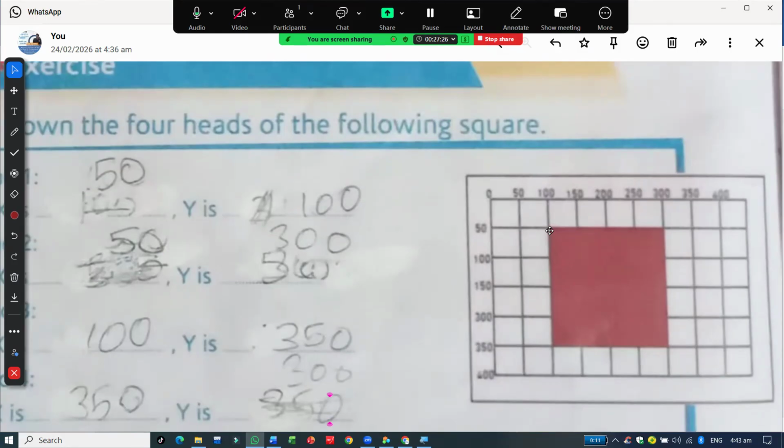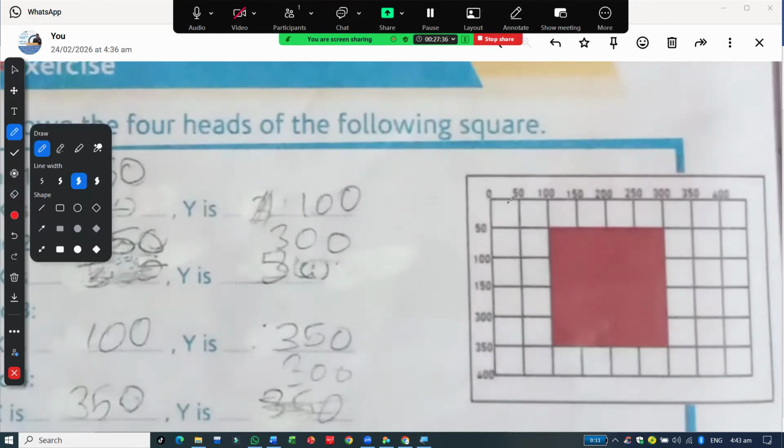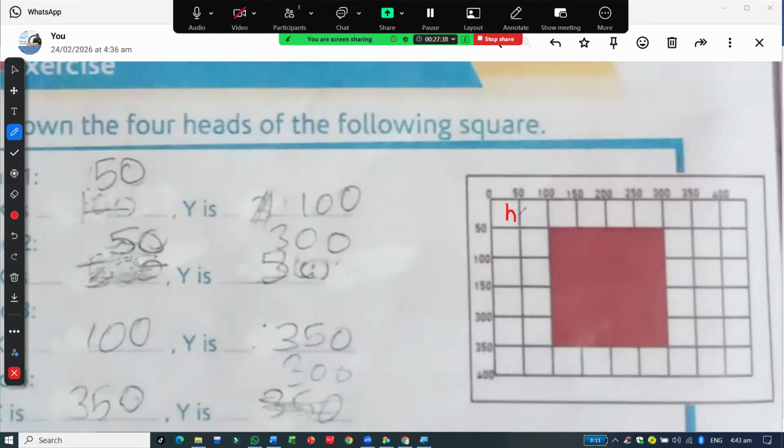Now head number one is normally two heads above and two heads below. So here is our head number one, head number two, head number three, and head number four. It is your choice, you just check the heads over there.